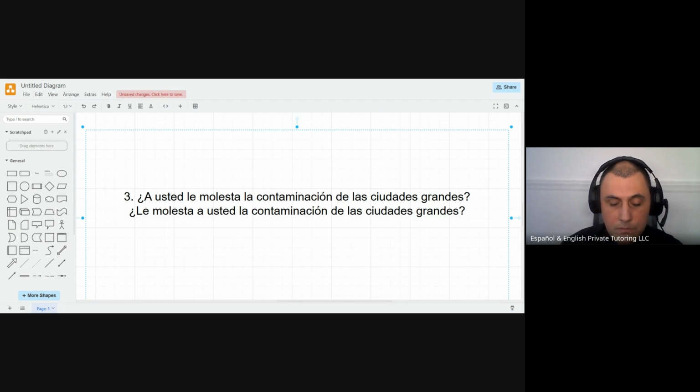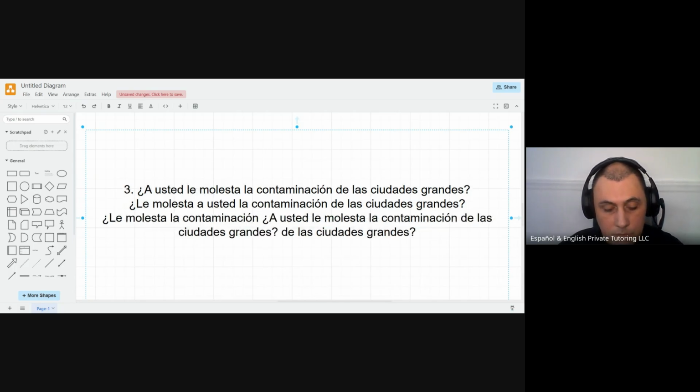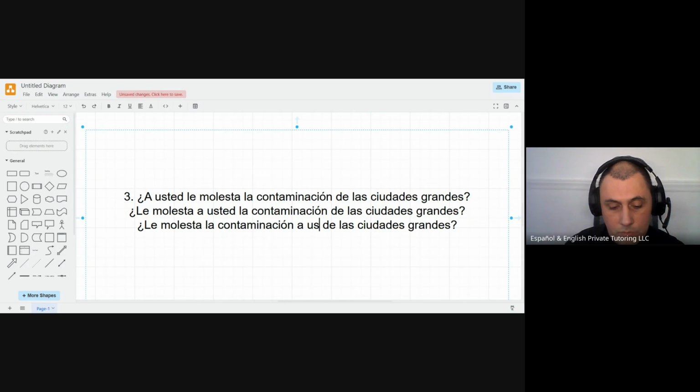Another option could be: le molesta la contaminación a usted de las ciudades grandes.